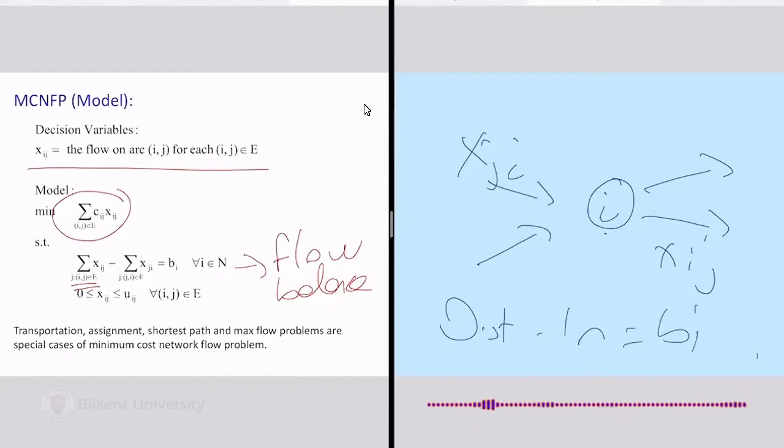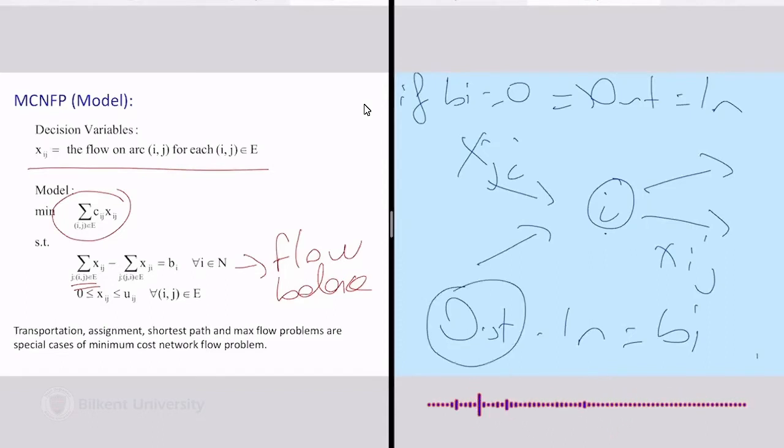If this is just Sivrisar, nobody wants anything, then bi is 0, and this will say out equals in. Anything that enters that node should leave, because there is no supply, there is no demand, right? Now, if the node is a supply node, then my out will be equal to the total that I'm supplying.